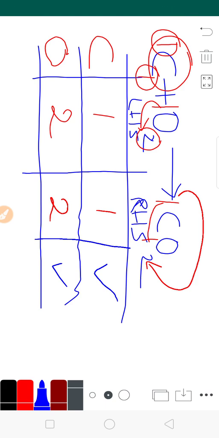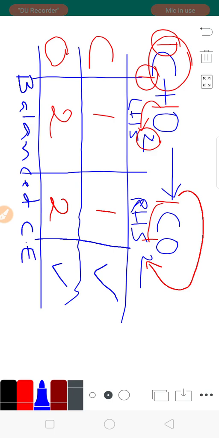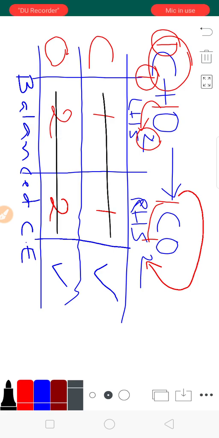Such kind of equations where the number of atoms on LHS and RHS are equal are called as balanced chemical equations. The chemical equations in which the LHS side and RHS side elements are equal.